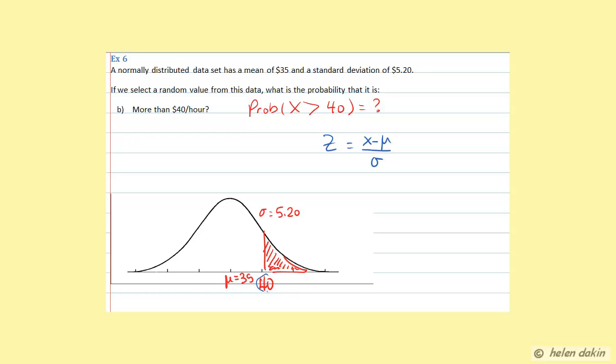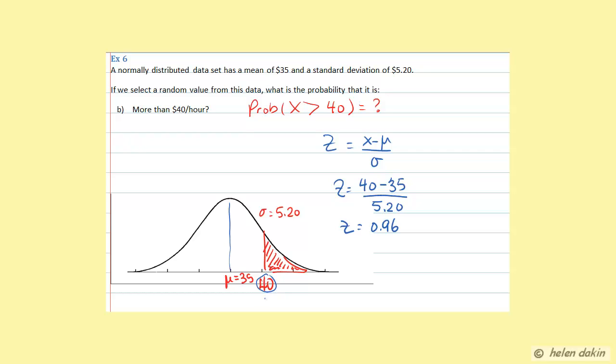How far away from the middle is that value of 40? So my z calculation is going to be 40 minus the mean, which is 35, divided by the standard deviation, which is $5.20. So that z value works out to be positive 0.96.